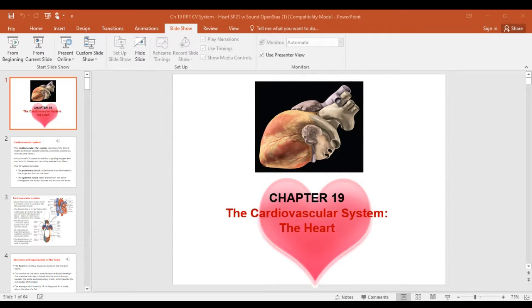Okay, more pictures showing the same thing, just in a little different way. Okay, the heart sounds, the sounds that the heart makes.